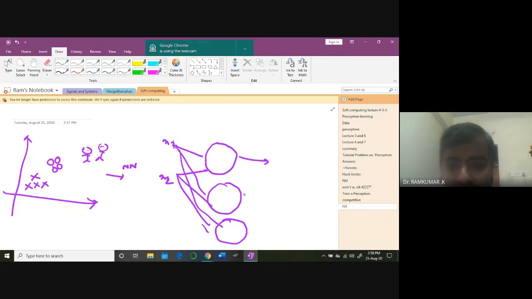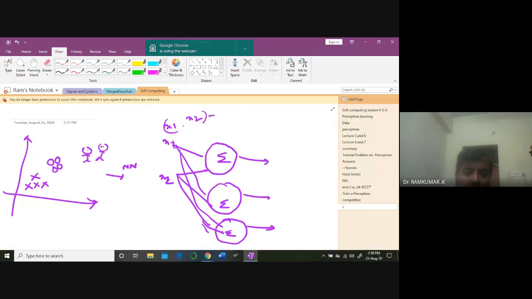I'll randomize the weights, and I'll study the output. You understand what I'm saying? For the given x1, x2 data, I choose a 3-neuron network, and I randomize the weights. Can you imagine what will happen at the output? Out of these 3, which one will be firing?